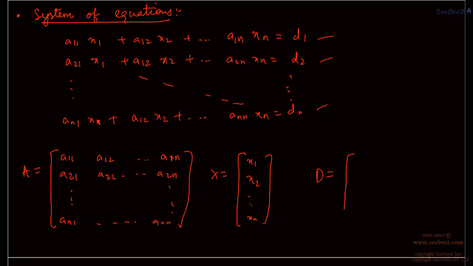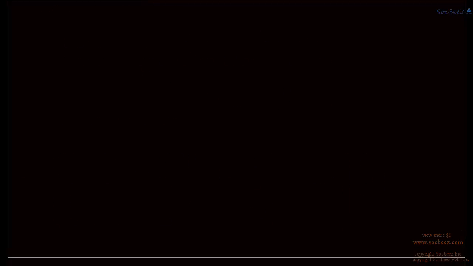The matrix multiplication actually gives the left hand side of these equations, and then I consider capital D, right? The right hand side part, which is also a column matrix. Now, hence, writing these as matrices gives me this beautiful condition AX is equal to D.